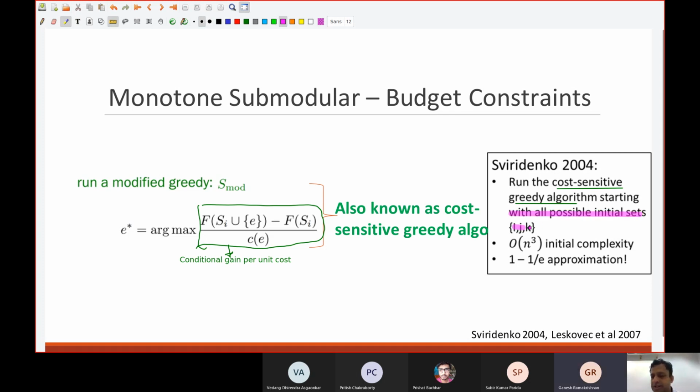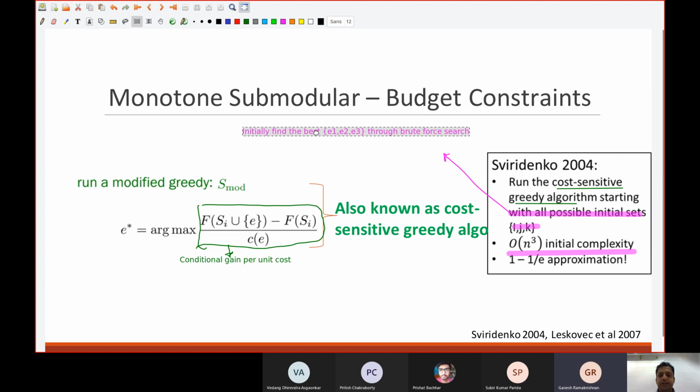With all possible initial sets LJK, that leads to order n cube complexity. So effectively what we are saying is, initially find the best triplet, E1, E2, E3 through brute force search.